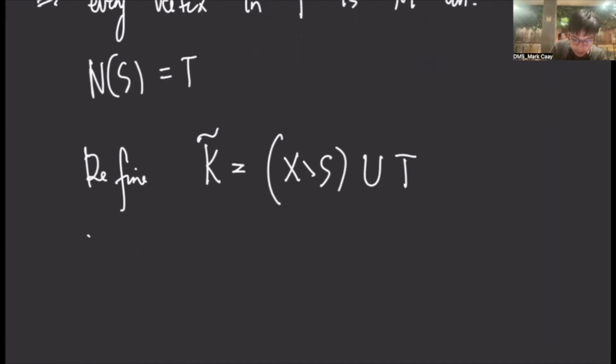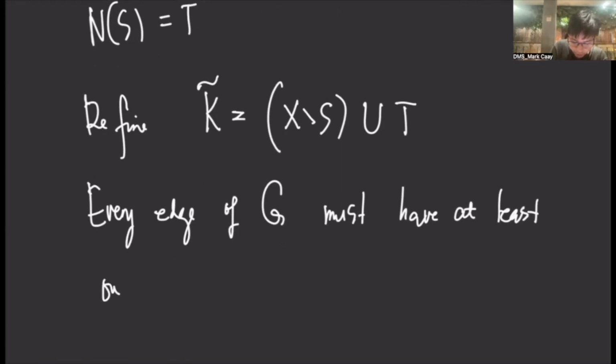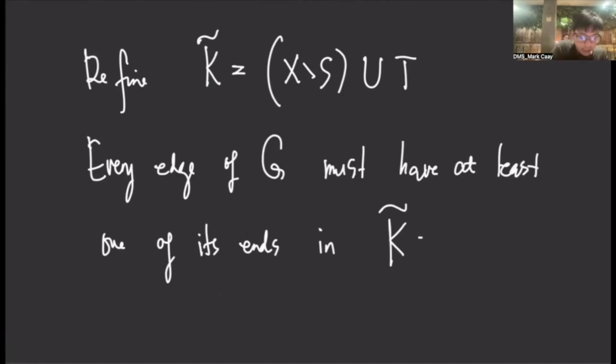So, this means every edge of G must have at least one of its ends in K tilde. Why? Otherwise, there would be an edge with one end in S and one end in Y minus T. That will be a contradiction.